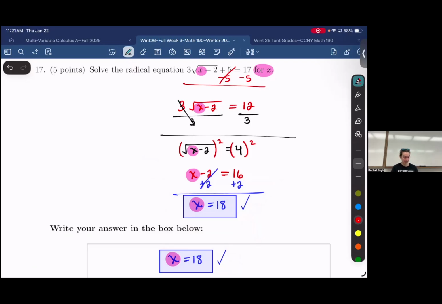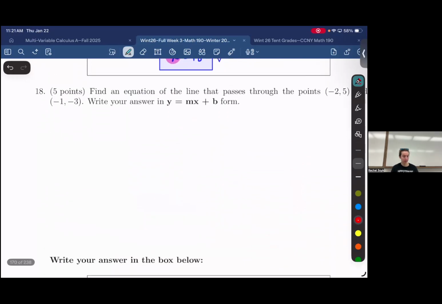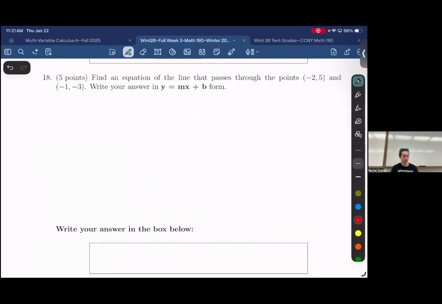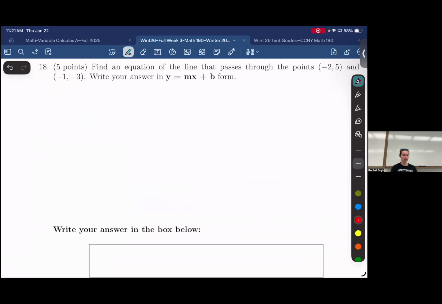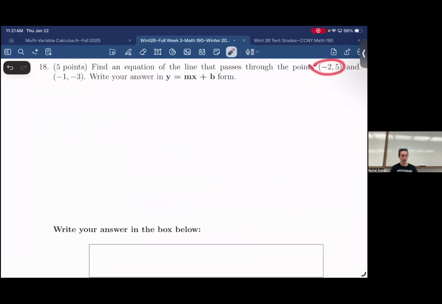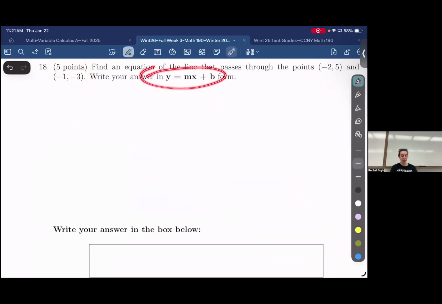Question 18. We have find an equation of the line that passes through the points -2, 5 and -1, -3. And we want to write our answer in our y equals mx plus b form, which is just another way of saying our slope-intercept form.